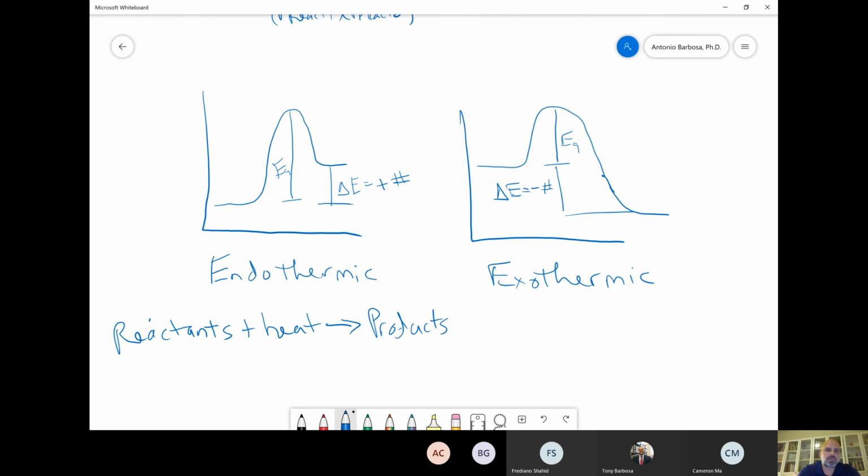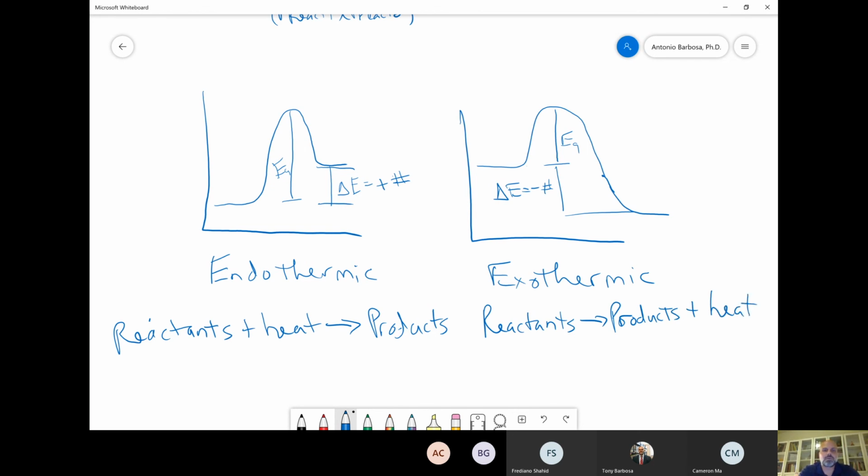Makes sense because our products are higher in energy than our reactants. Whereas on the exothermic side, we have our reactants, and when they move over to products, they're going to give off heat. Heat is given off.